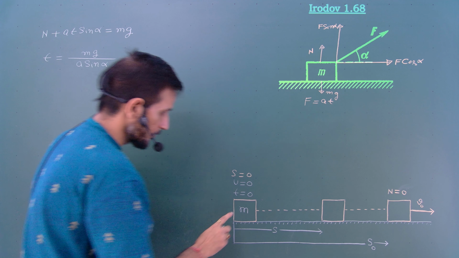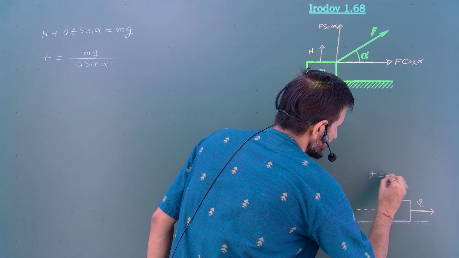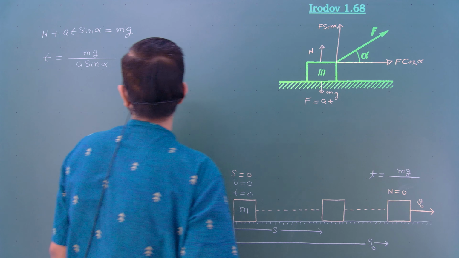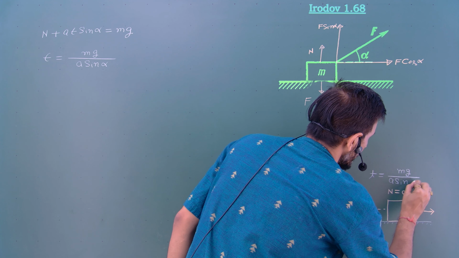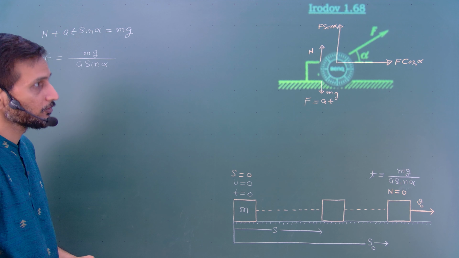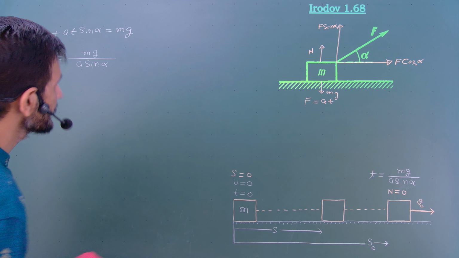So when block has this condition, the time t is mg divided by A sin alpha. Alpha is constant. Alpha does not change with time. Okay. So now we have to calculate the velocity v naught and displacement s naught.